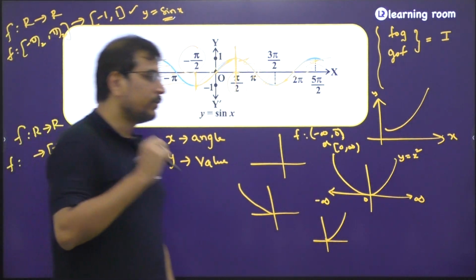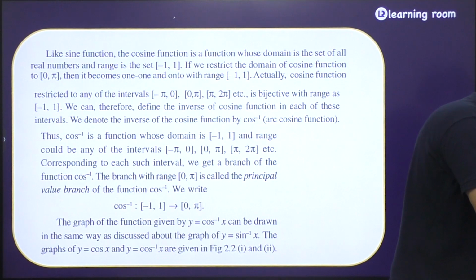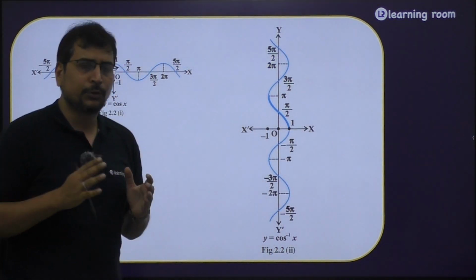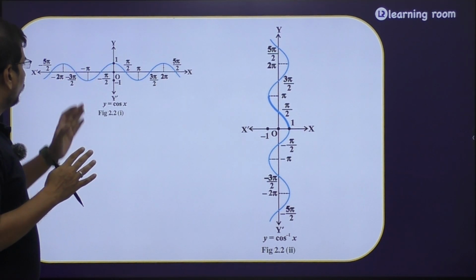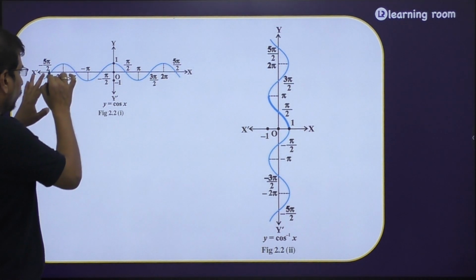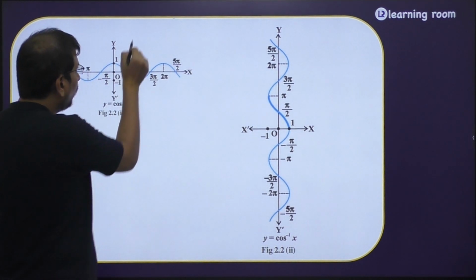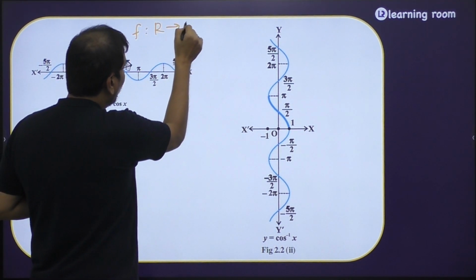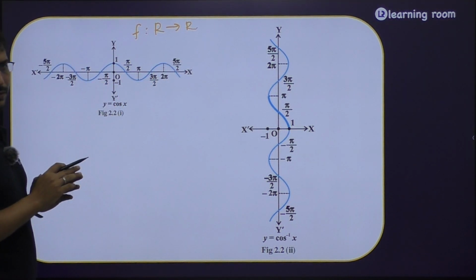Yes? Okay. See, for my satisfaction, I want you to think about this cos x and tell me. Look at the graph, take your time, don't confuse yourself, tell me. So this cos x is there. How do you think the function is defined? F is defined from R to R, let's say R to R for instance.